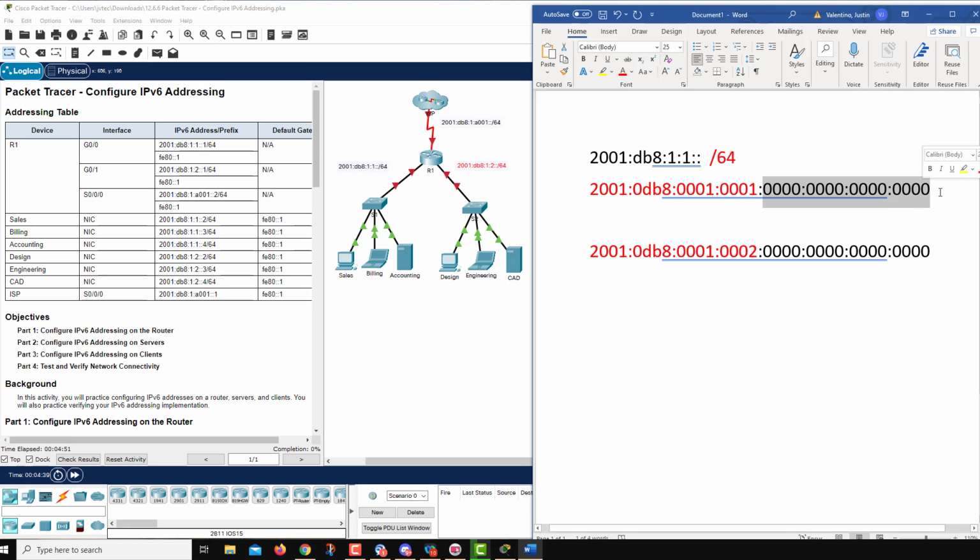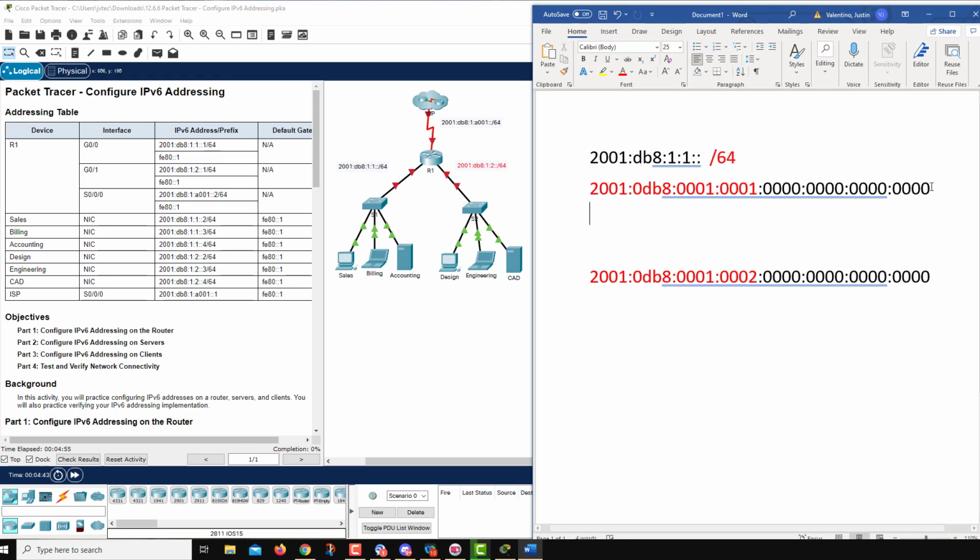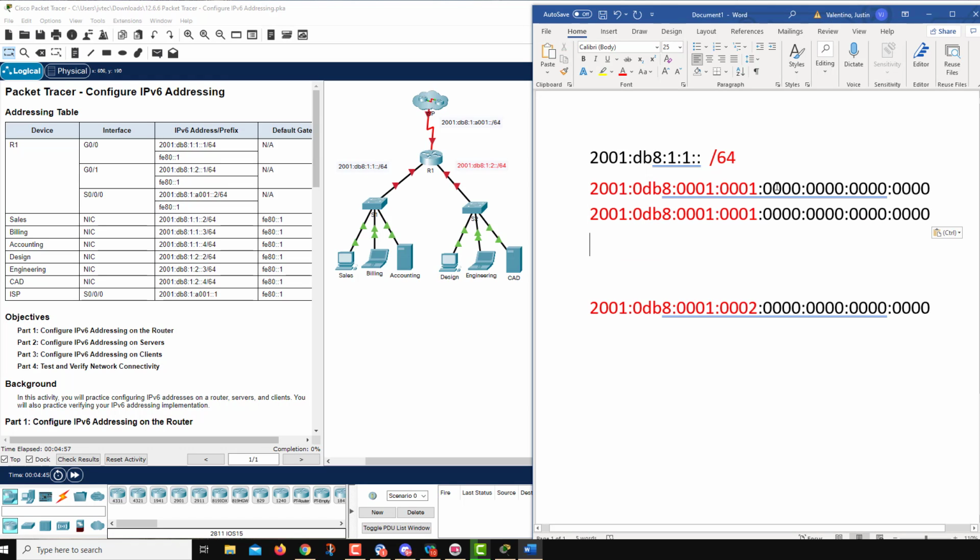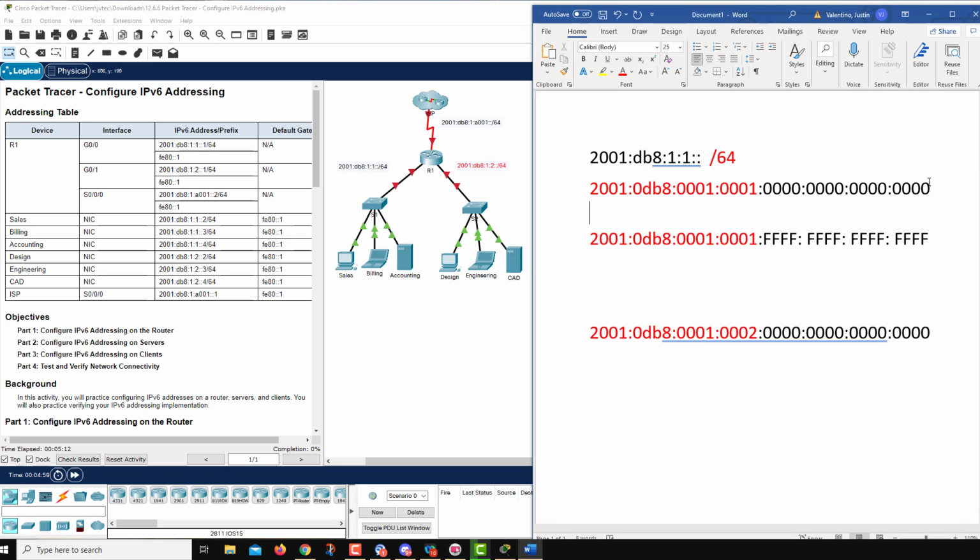But what are the host addresses? I'm still confused. Well, what it comes down to, with that network, the host addresses go from all zeros up until the last possible, and the last possible is all Fs. Our values can go anywhere from all zeros up until all Fs, because F is the last character possible in hex.